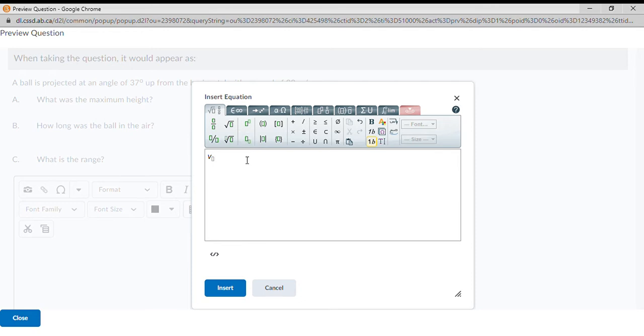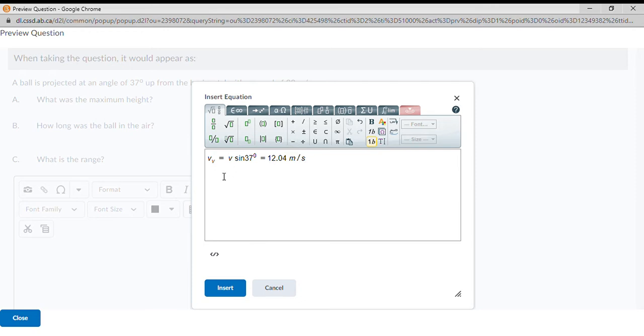The first step is to solve the vertical component of the velocity, which will be velocity times sine 37 degrees. When you use your calculator, you will figure out that it is 12.04 meters per second.